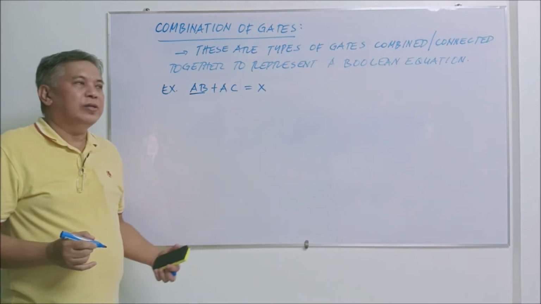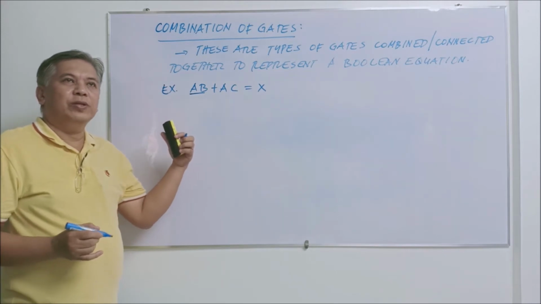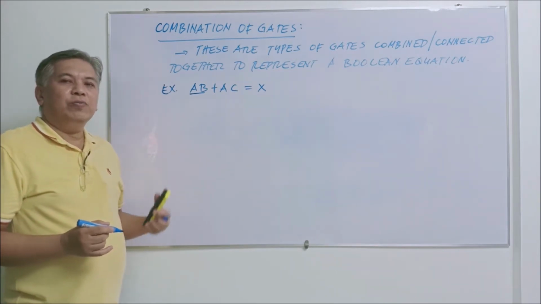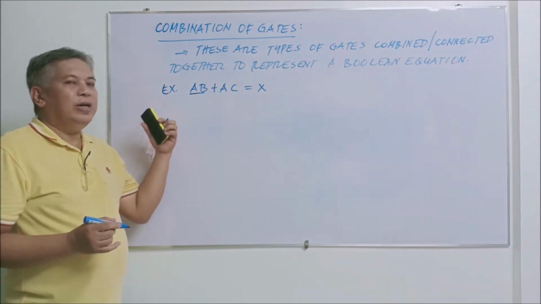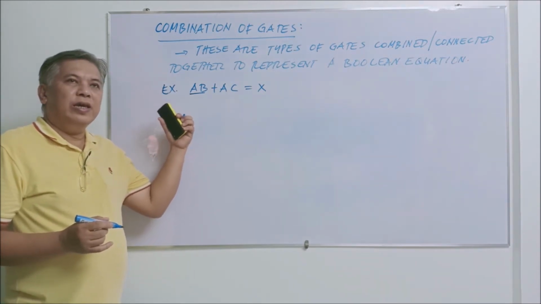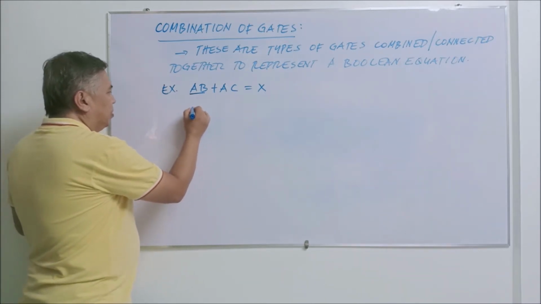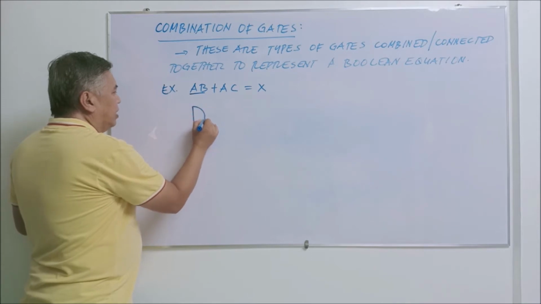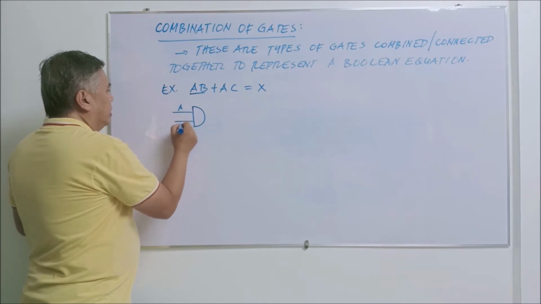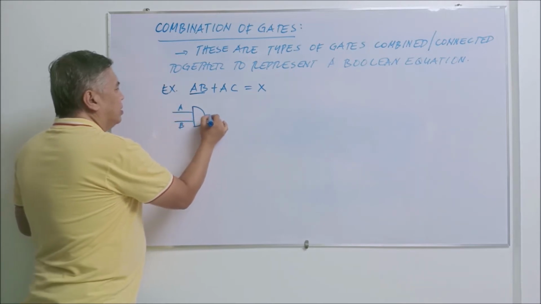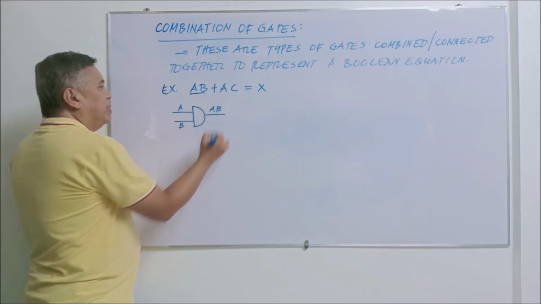If you remember, our AND gates have two or more inputs, say, for example, inputs A and B, and the output is obtained by multiplying A and B. So we represent that with an AND gate with two inputs, A and B. Of course, the output of this AND gate is AB.